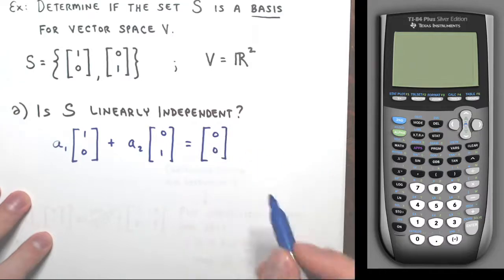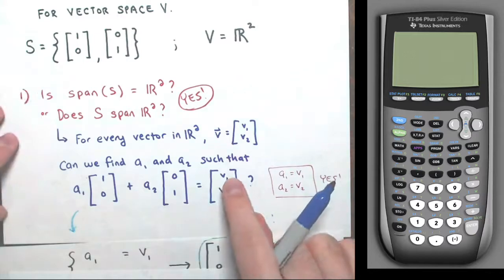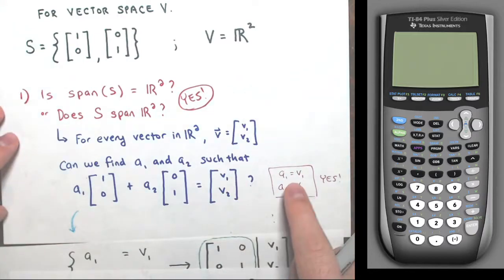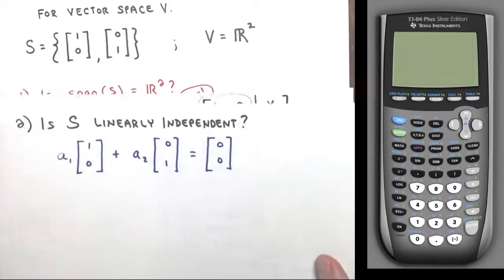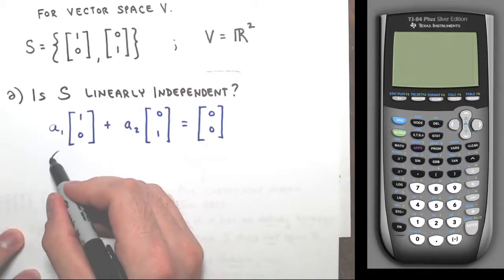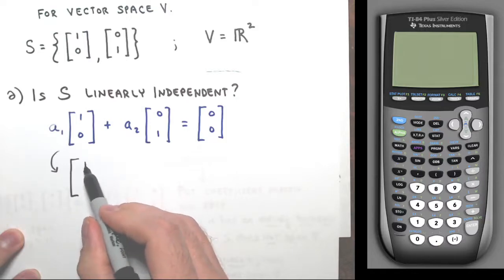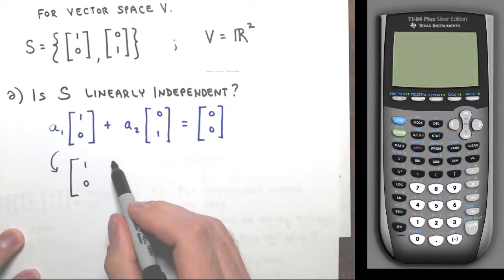Now I could also have just gone back to my equation for the span and replaced v1 and v2 with 0. You're going to see that the solution is a1 equals 0, a2 equals 0. But I'll just keep going through this. This sets up a system, and the system would have this augmented matrix, with the coefficients of a1, the coefficients of a2.